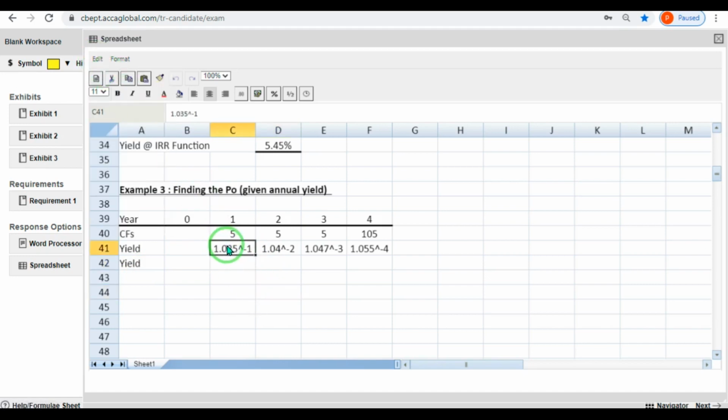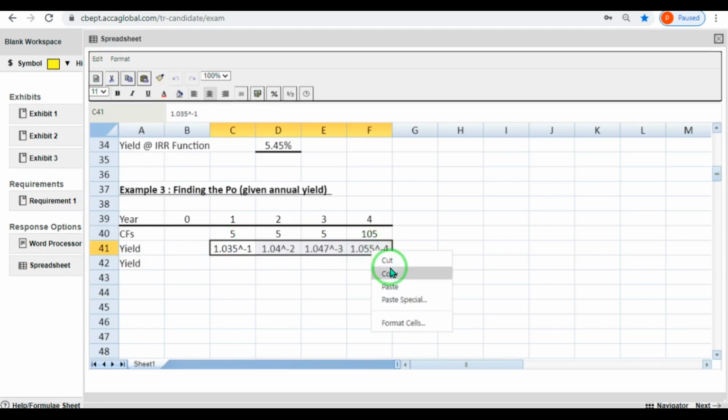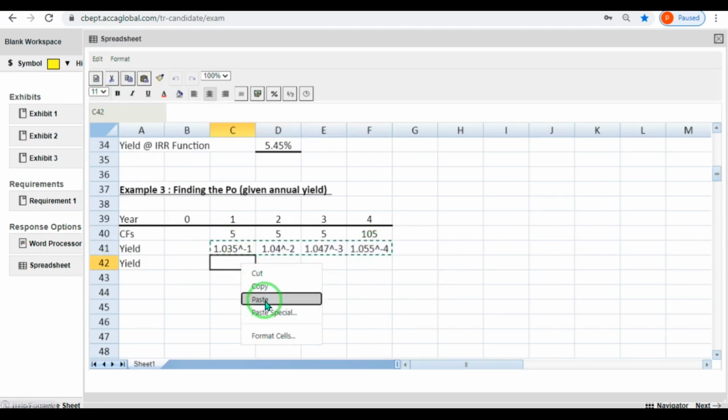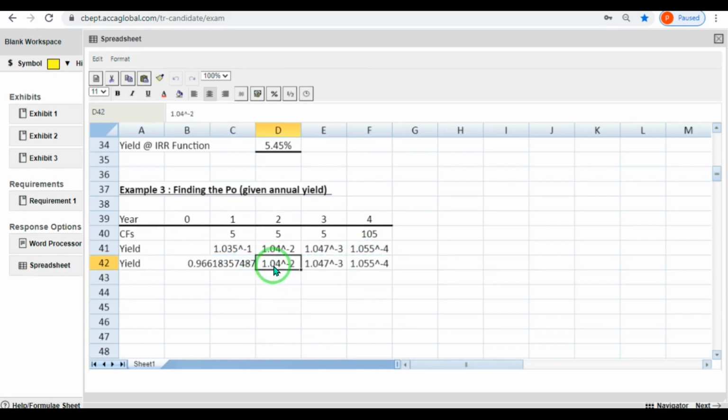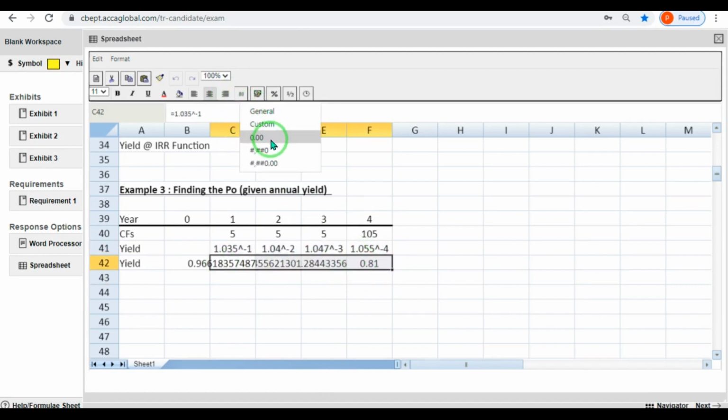Let me just leave it like that and just copy this into here. Now I'm just going to put equals to here, and here, and here. Okay, and I'm just going to put it in 2 decimals.